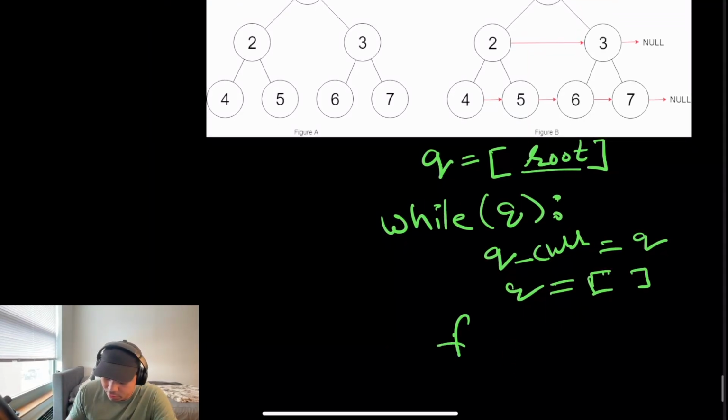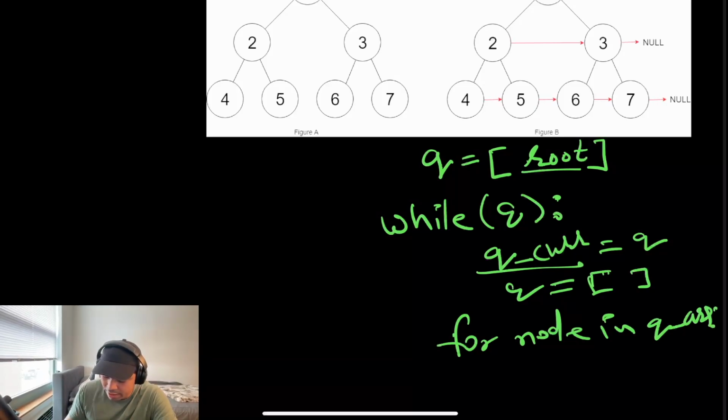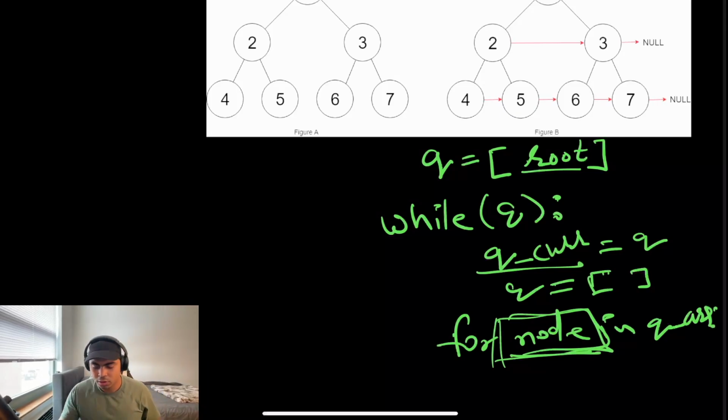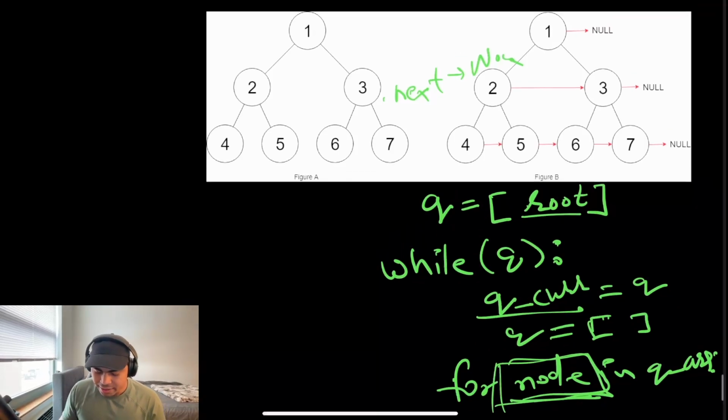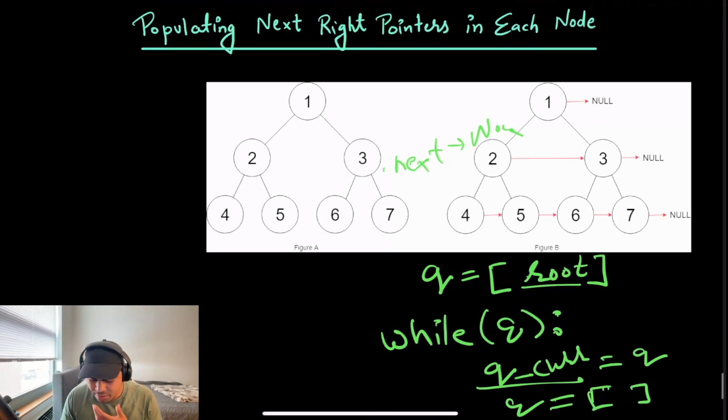And then for node in this current queue, I will be doing some calculations around this node. Depending on if it is the last node, then I will just set its next pointer to none.